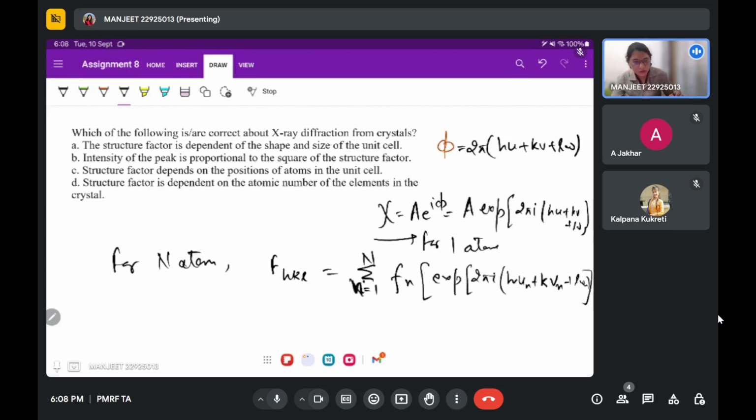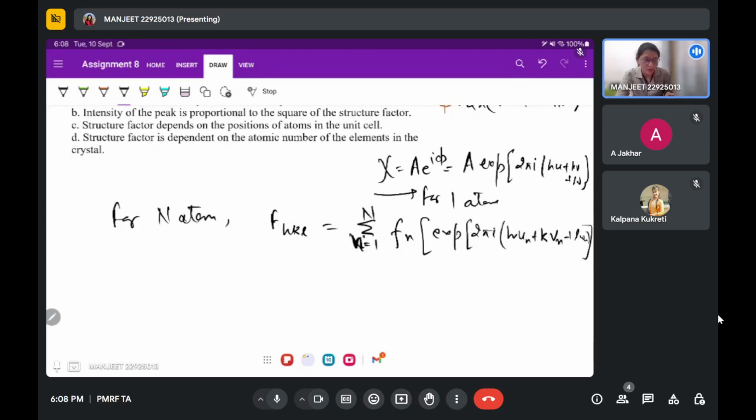I have to consider all the atoms present in the unit cell and their positions, because u, v and w are the positions of the atoms in the unit cell. This F is what we call the structure factor.